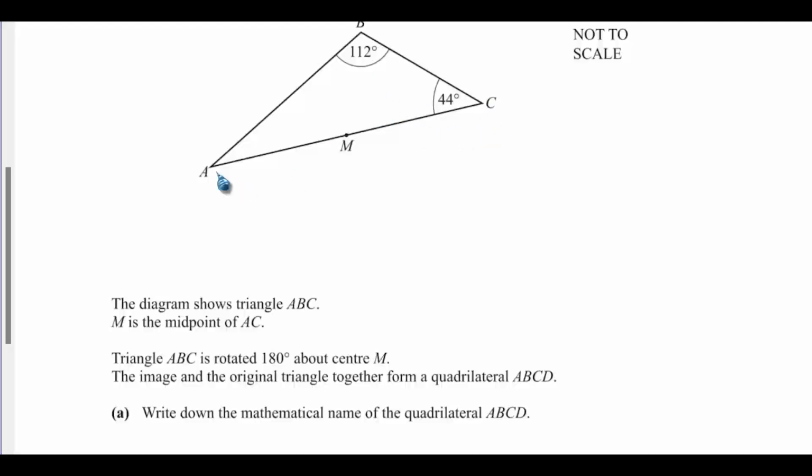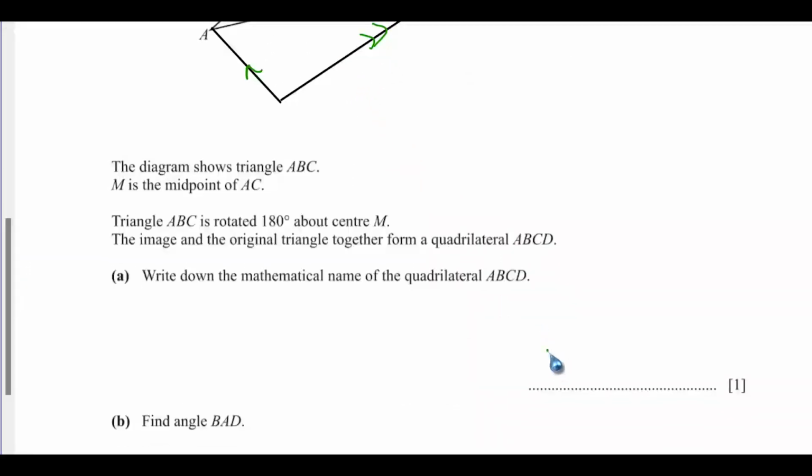So we're going to have a parallelogram like this. We know that this side is parallel to this side. So let's scroll down a little bit. So we have a parallelogram.